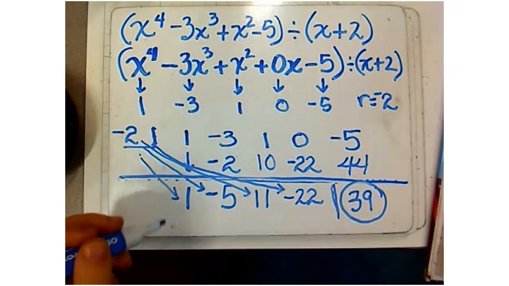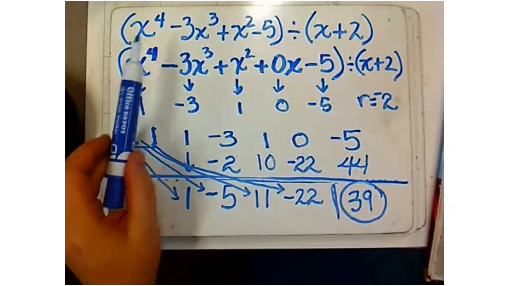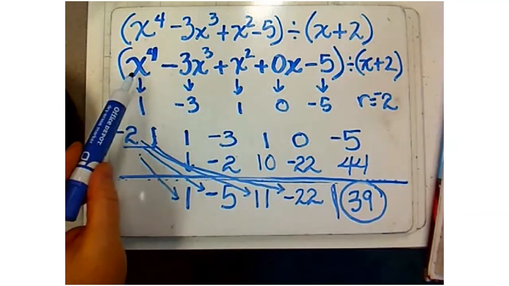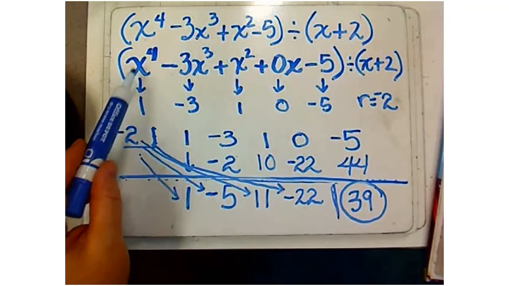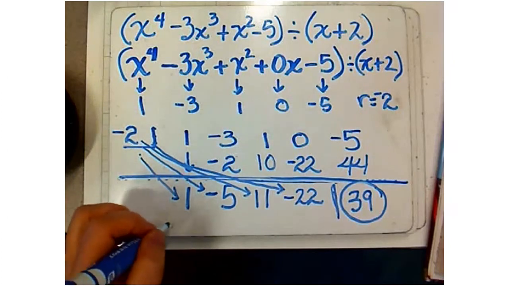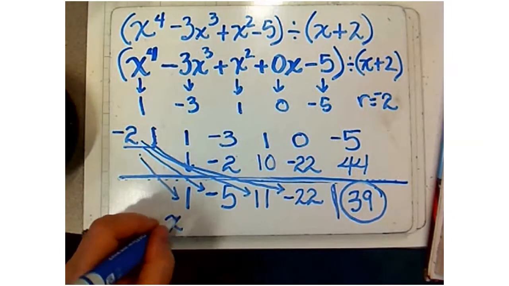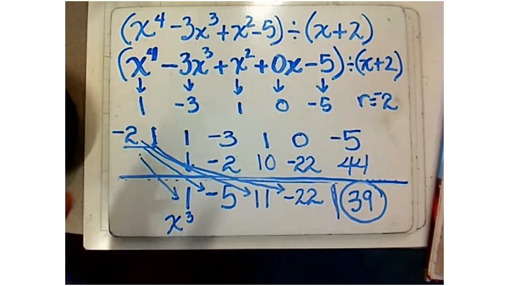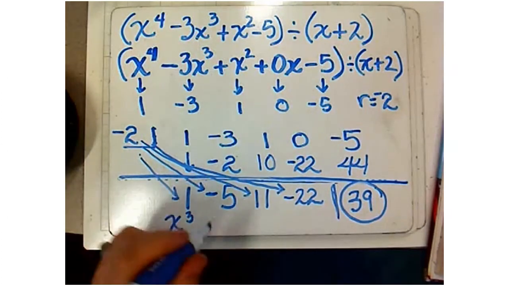Now, we go back to our book and look at our original polynomial, or what we wrote down at the start of this. We wrote down what? X to the 4th, right? So where are we going to start? X to the 3rd. So your first term is x to the 3rd, and your coefficient is a 1, so it's just x to the 3rd.